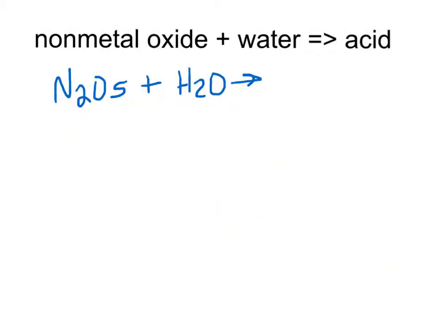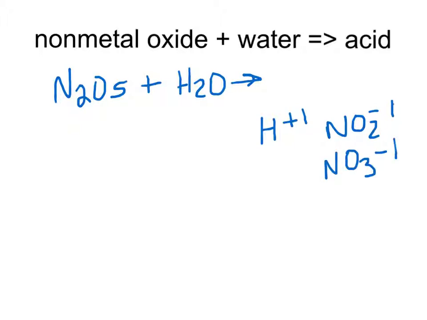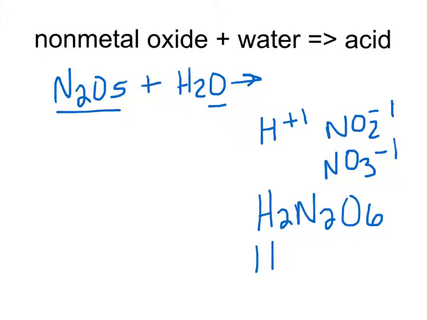In this example, N2O5 or dinitrogen pentoxide will form an acid, and so we have H+1. There are two nitrogen containing polyatomics, so it's either going to go with nitrite or with nitrate. And if you look at the number of everything on the left side, you have N2O5 plus another O. That would give you N2H2O6, or if you reduce it down, it would be HNO3.